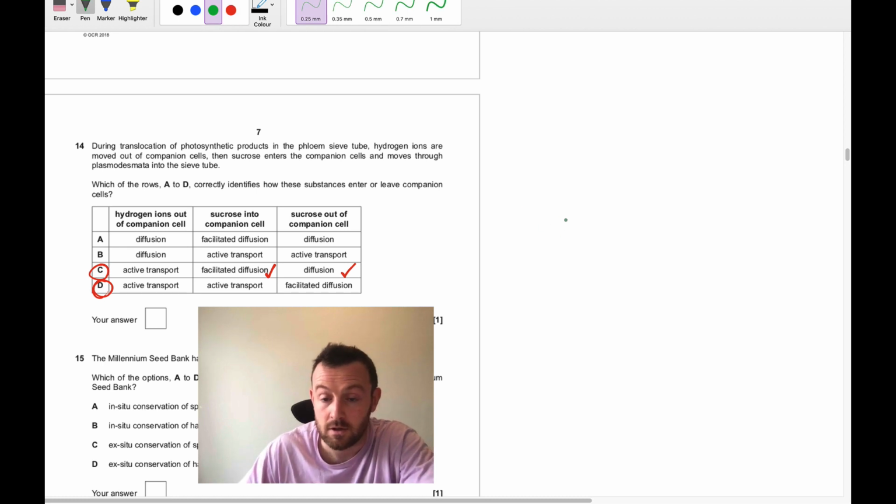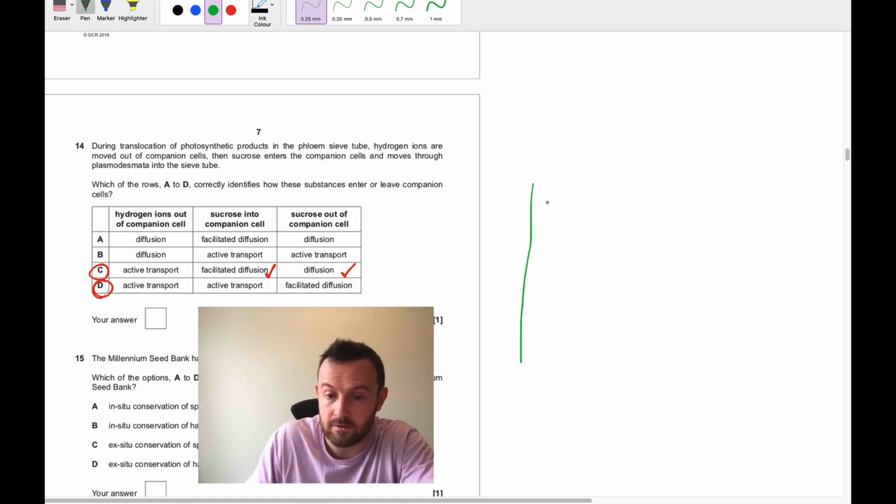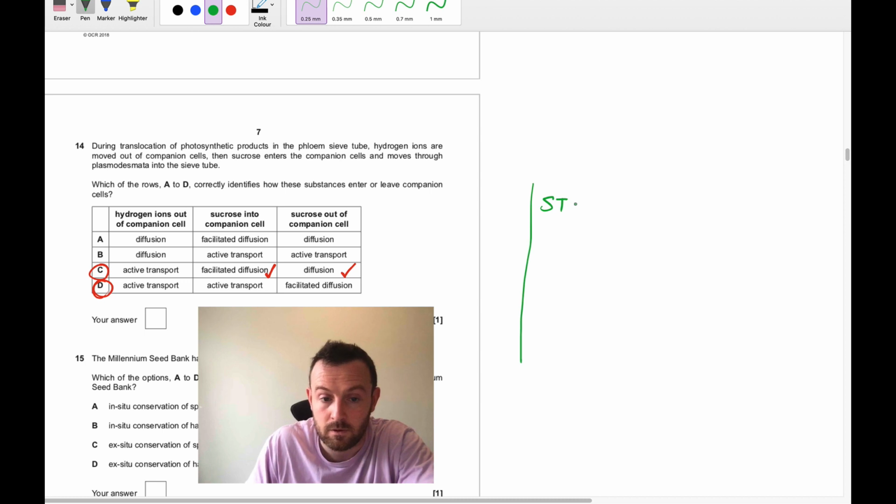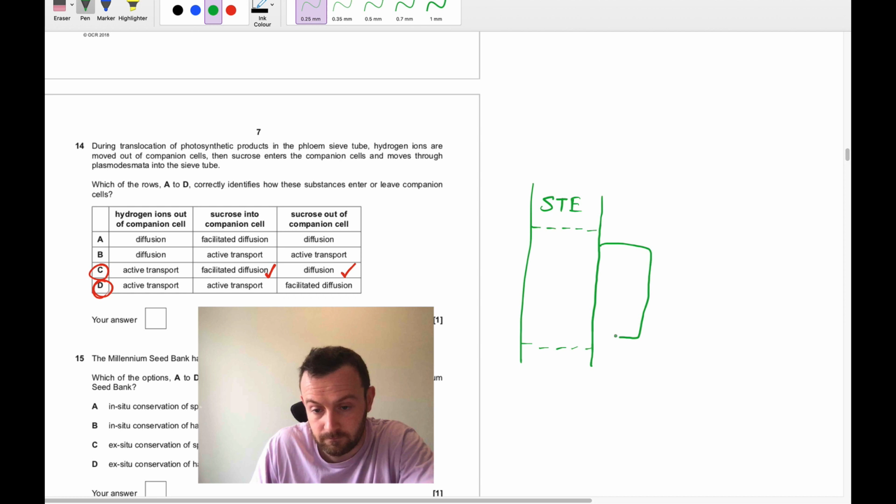Draw it in green. So we've got the sieve tube element here, with sieve plates and so on. And then here we've got the companion cell, CC for companion cell.